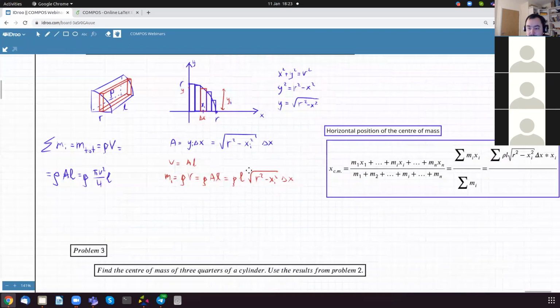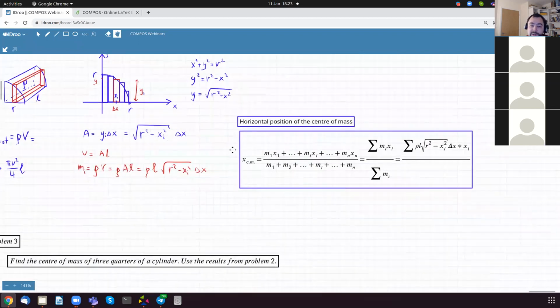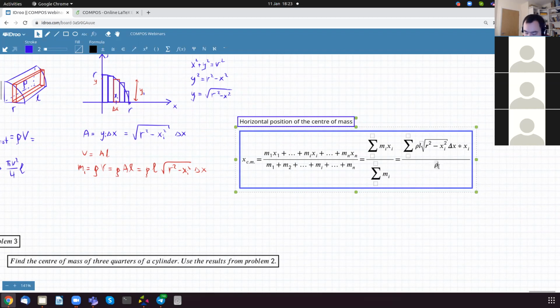So we don't have to sum it up. We can just use the standard result. So it's rho times pi r squared divided by 4 times L. Okay.